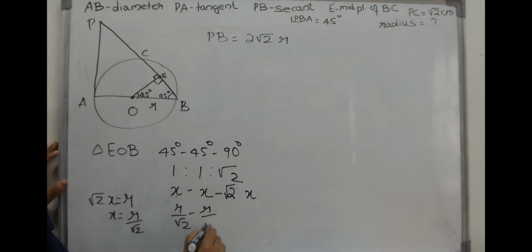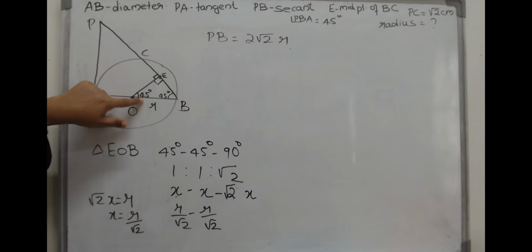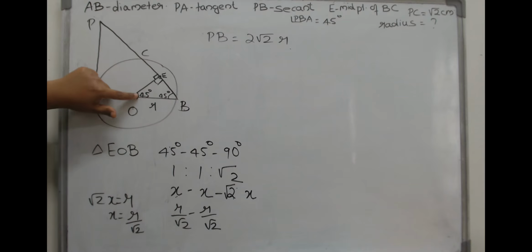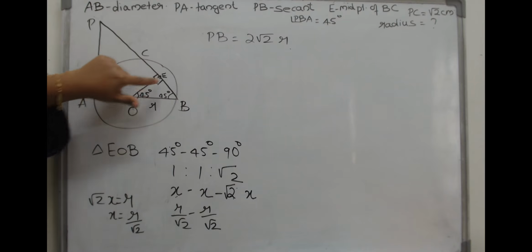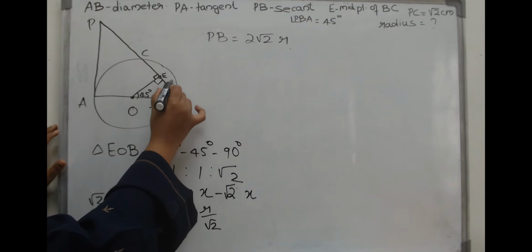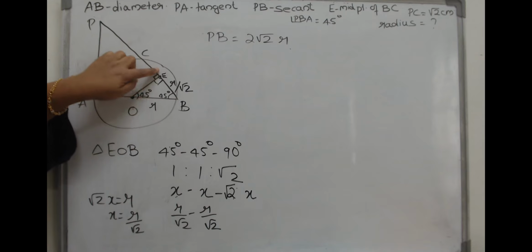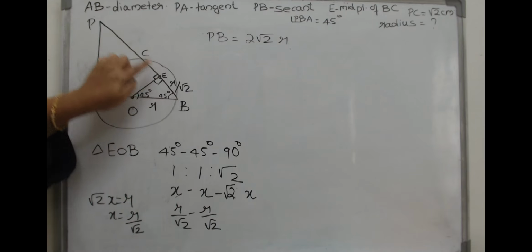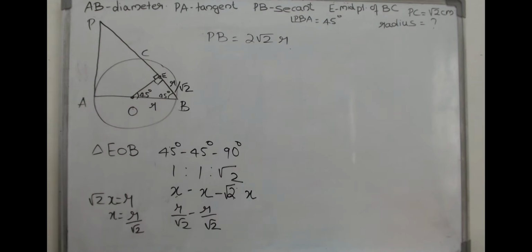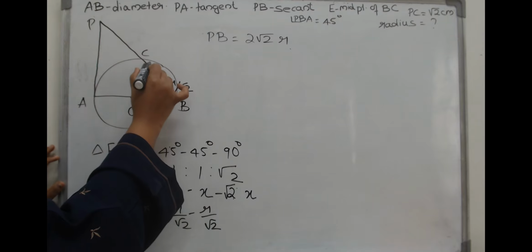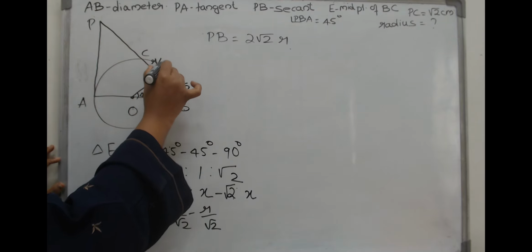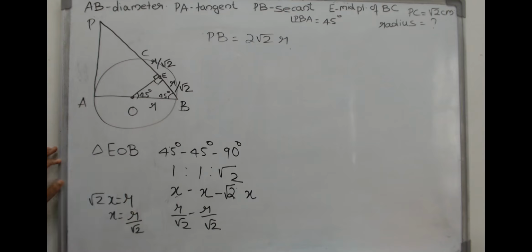Here also you have an r by root 2. But E is the midpoint of CB. It cuts it into two equal parts, which means here also you have r by root 2.